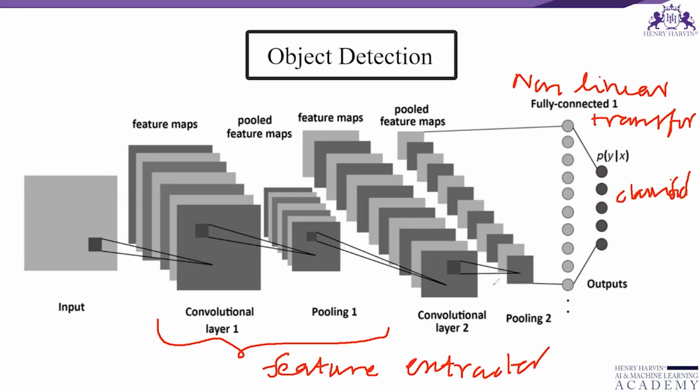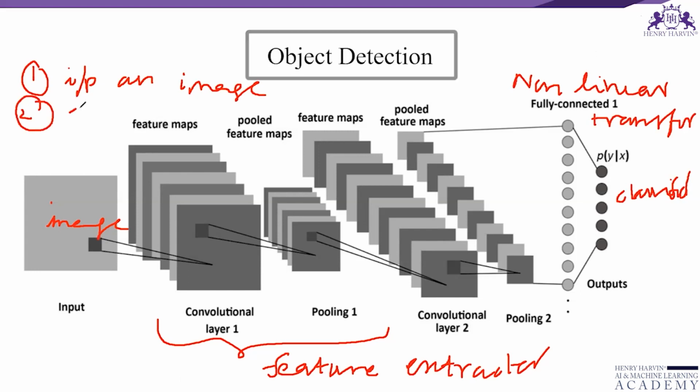So what are the steps involved over here? Let me write the steps, so that would be better. We input an image. That is step number 1. In the second step, it divides the image into different regions.